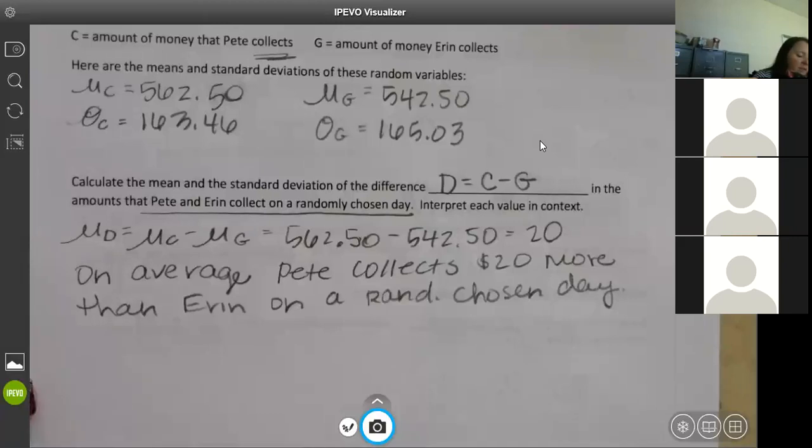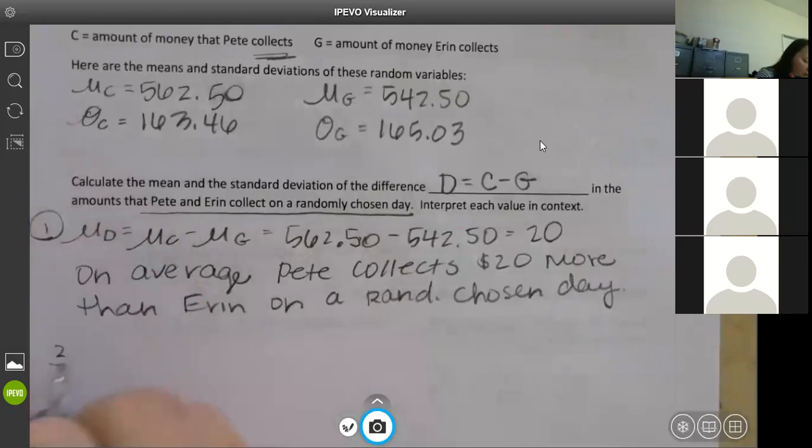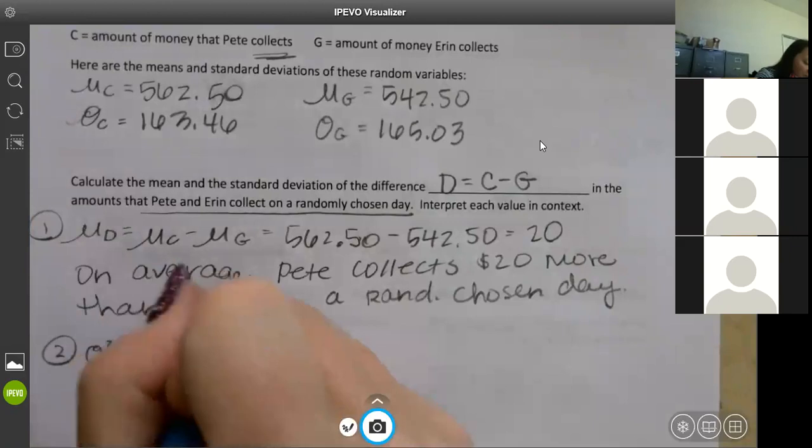Now we need to do the standard deviation, but we don't do the standard deviation. What do we do? The variance. So we're going to do the variance of D. And we always do what to the variances?